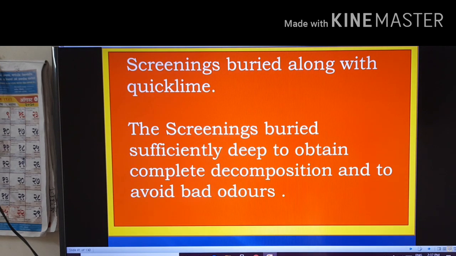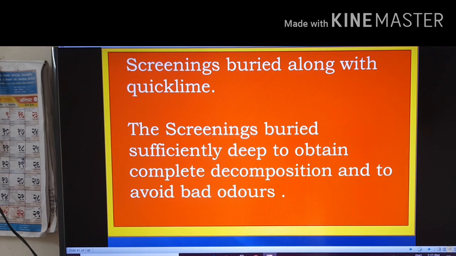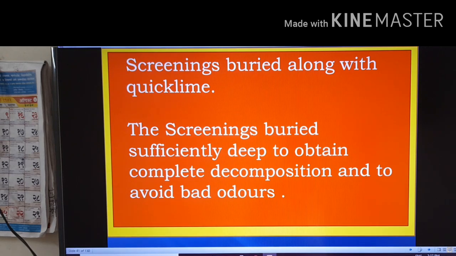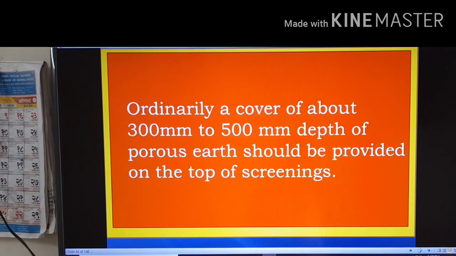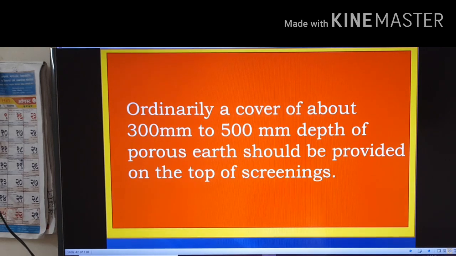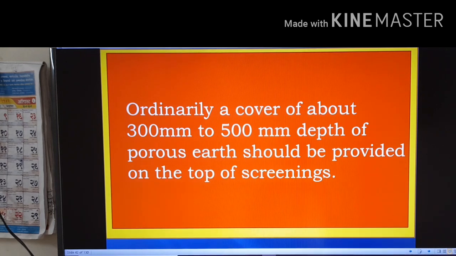The screenings are buried sufficiently deep to obtain complete decomposition and to avoid bad odors. Ordinarily, a cover of about 300 mm to 500 mm depth of porous earth should be provided on the top of screenings.